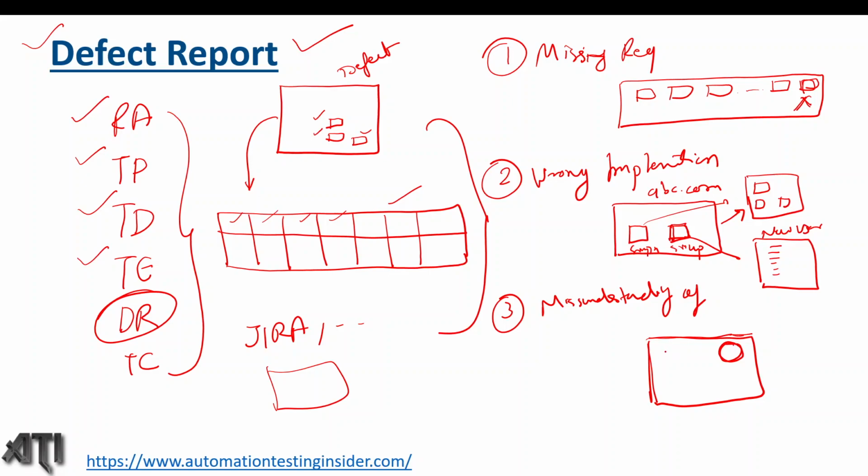But while testing the application, we found that the logo is displayed at the left side. So that means this requirement was misunderstood by the developer. We have to raise that as a defect. So these are the various reasons why we get defects in the application. Now let's talk more about the defect report, like what the various fields in the defect report template are, and at last I'll also show you a real-time template.